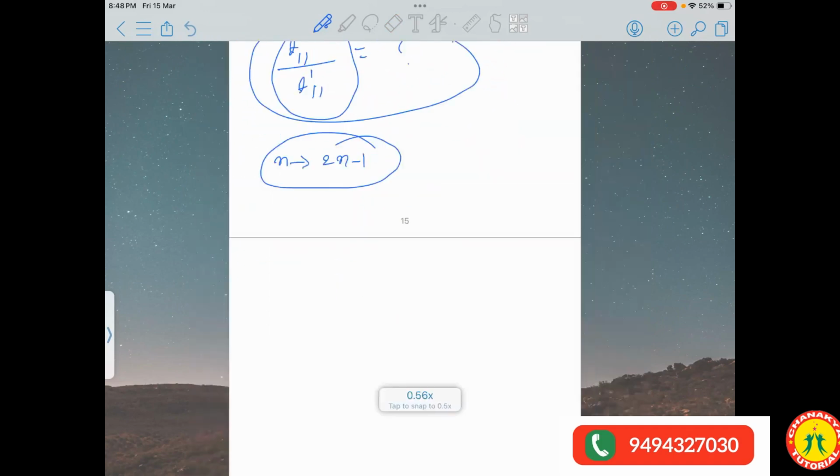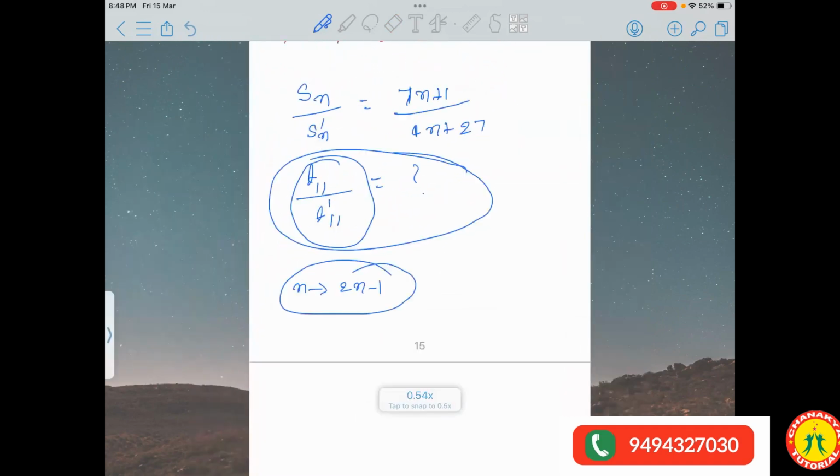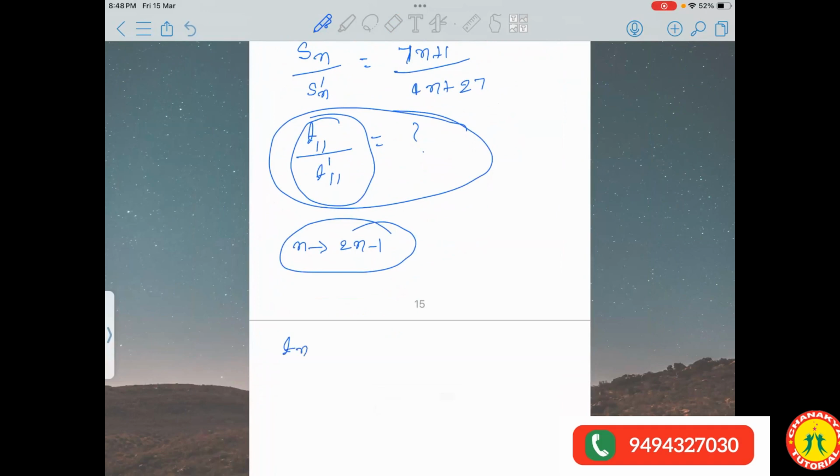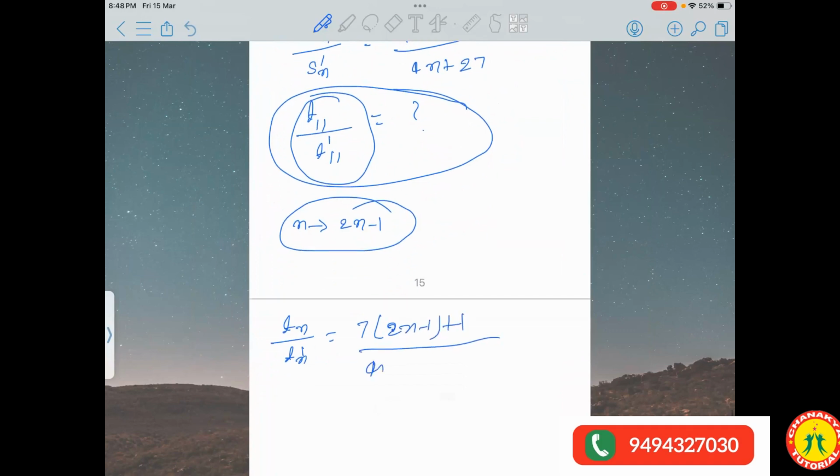We get Tn. So now first, Tn upon Tn dash is equal to 7 into (2n minus 1) plus 1 upon 4 into (2n minus 1) plus 27. Replace n with 2n minus 1.